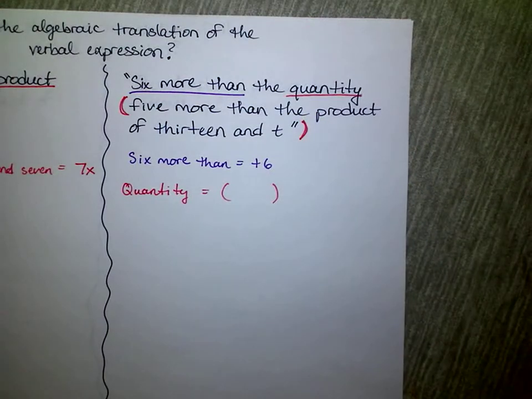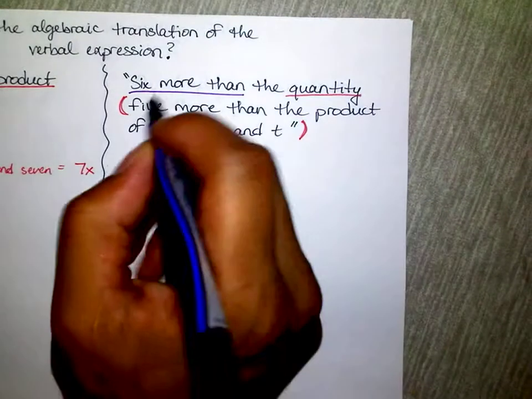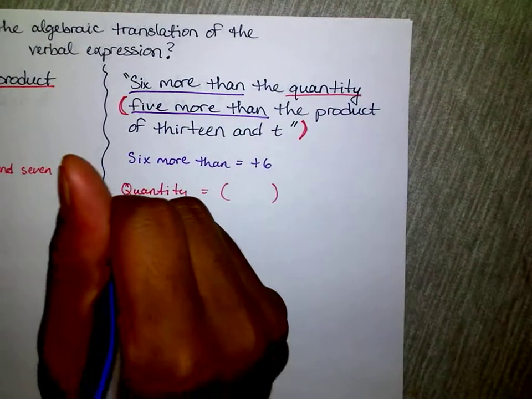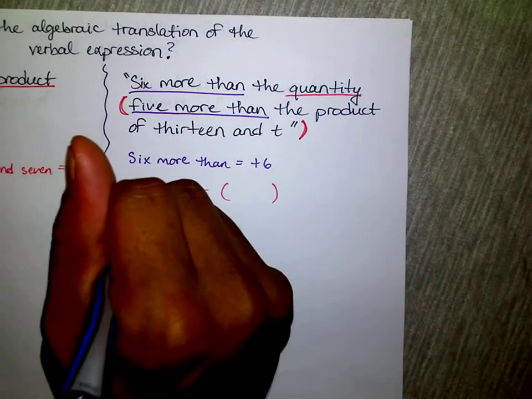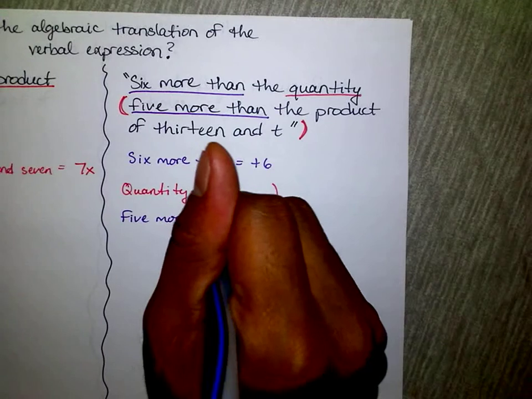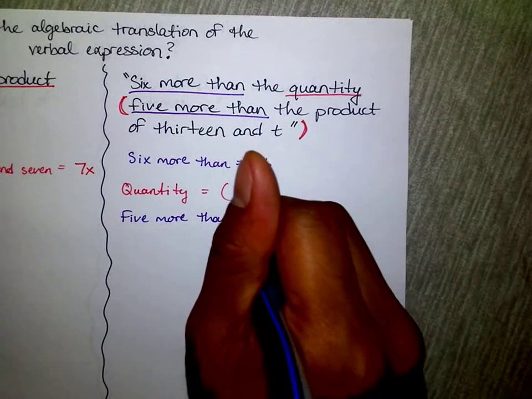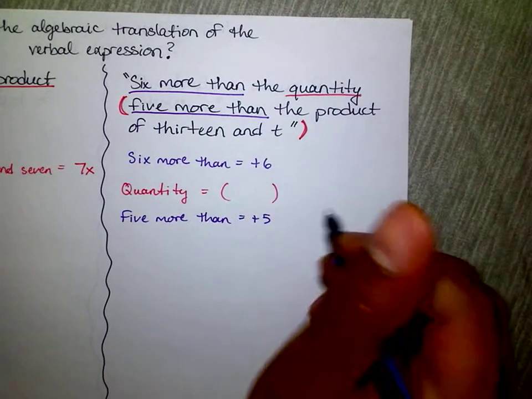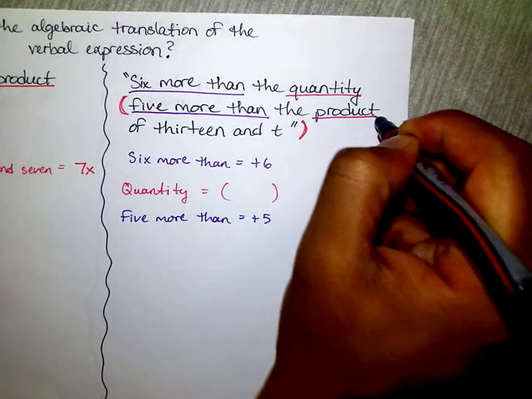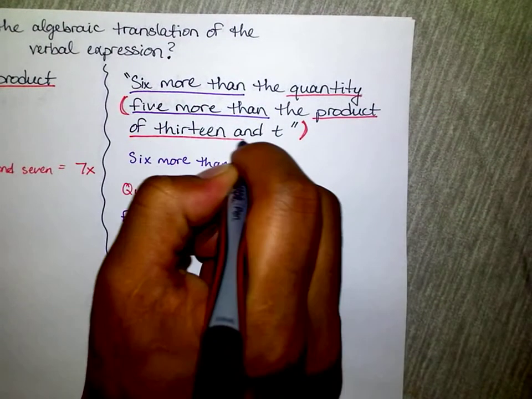So quantity represents my parentheses. Now, we also want to get back to what we have here. It says 5 more than. So we know that 5 more than is positive 5. And then this says product of 13 and t.